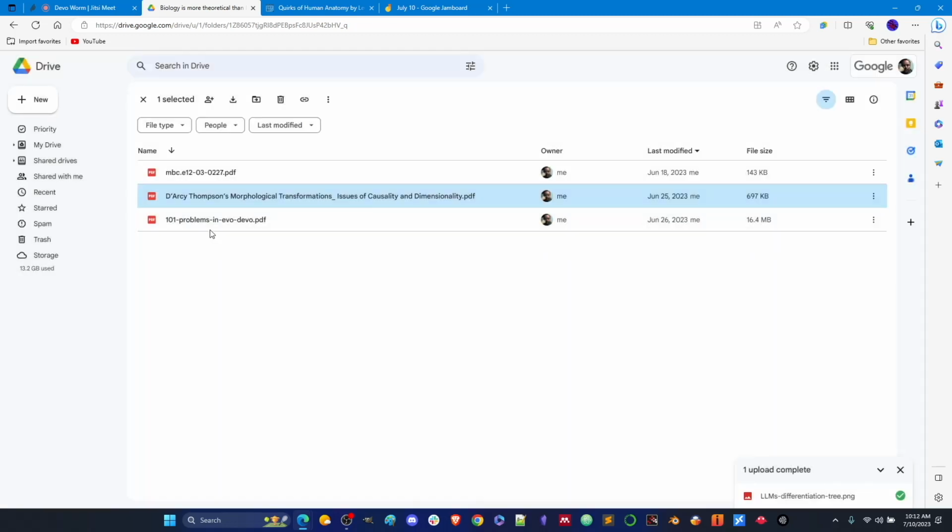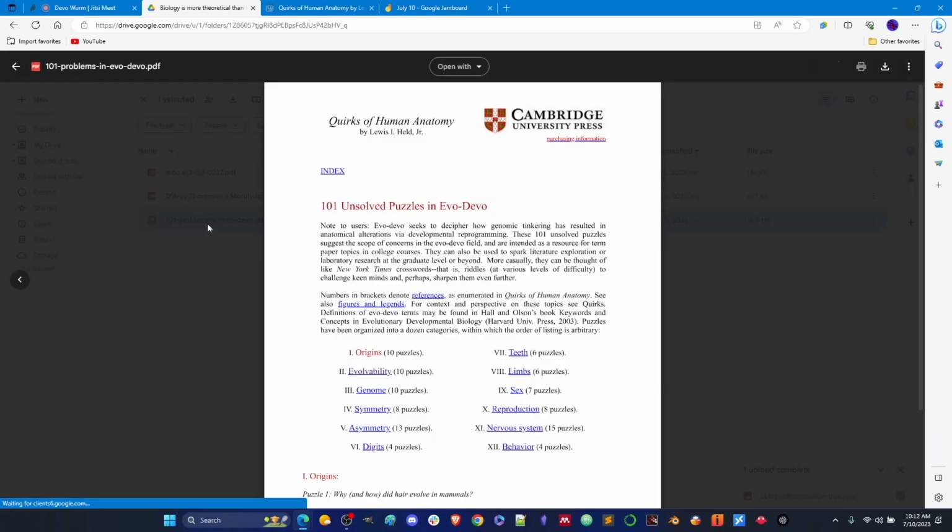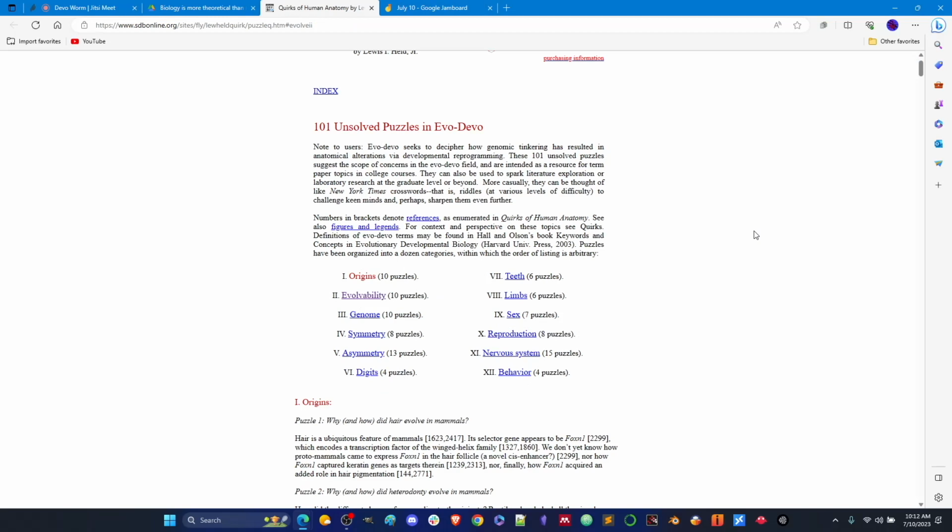And then, I'm not going to get into this too much today, but there is this document, 101 Unsolved Puzzles in EvoDevo. And when I mention EvoDevo, or the evolution of development, this is all these unsolved problems. These are problems that we've observed in biological systems, and we don't really have a theory of how they happened.